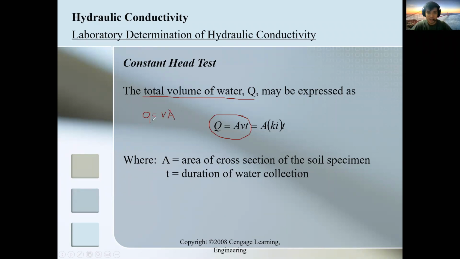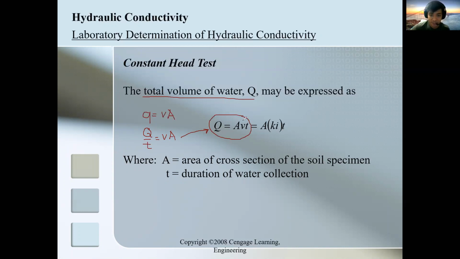What they did is express the discharge in terms of volume over time, so Q over T equals V times A. Multiplying by T on the other side, Q equals AVT. Okay?